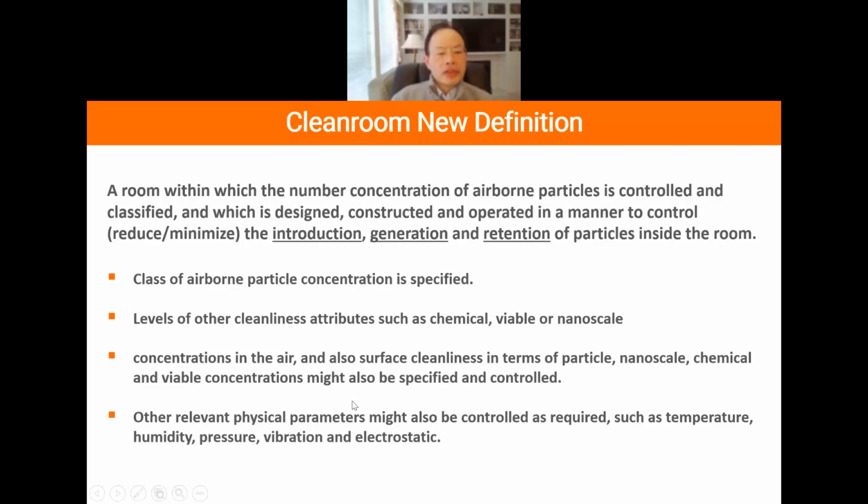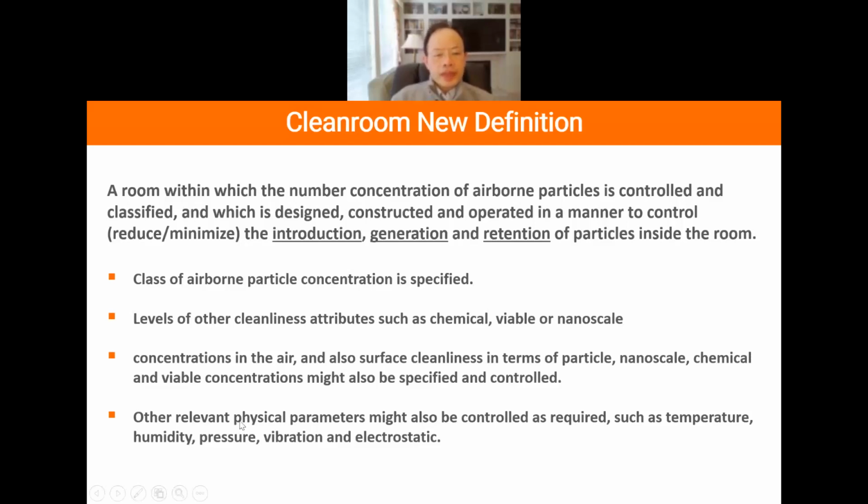And the concentration in the air, including surface cleanliness, particle, nano, chemical, viable, also needs to be specified or controlled. Once you specify, the next step is to find ways to control them.